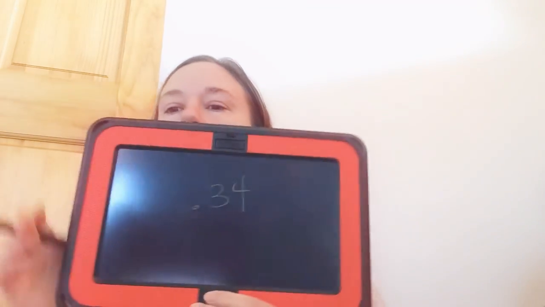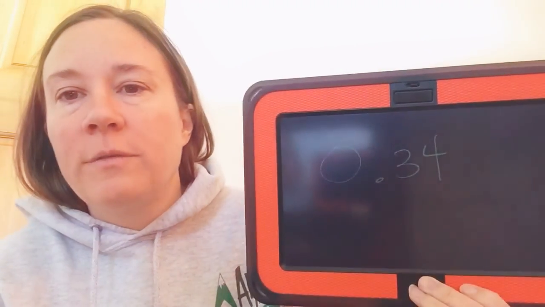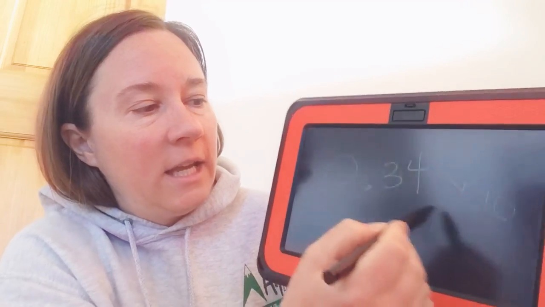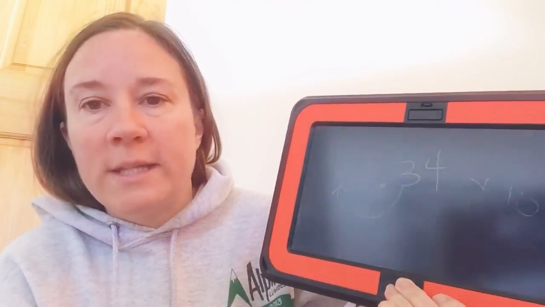Okay, let's say though we had 34 hundredths. Okay, here's our 0, 34 hundredths. And again, we multiplied this by 10. Everything's going to take a shift over. The 3 would shift over into ones place.